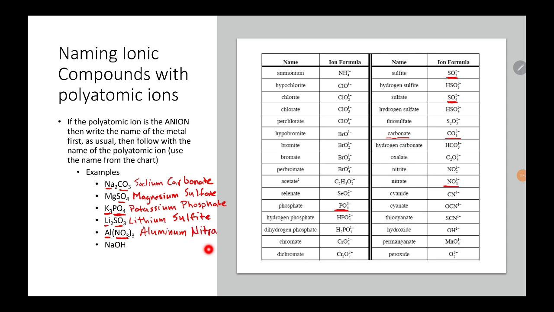So aluminum nitrate is the name for AlNO3. Our final one is sodium. And then the OH ion is a very common ion, so you may want to commit this one to memory. OH is our hydroxide ion. So the name of NaOH is sodium hydroxide.